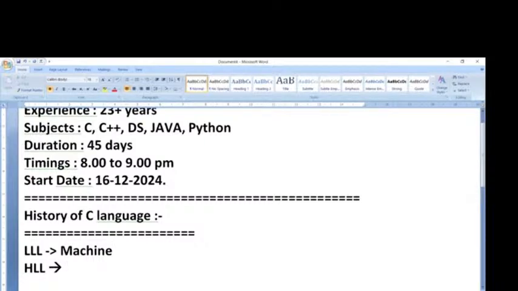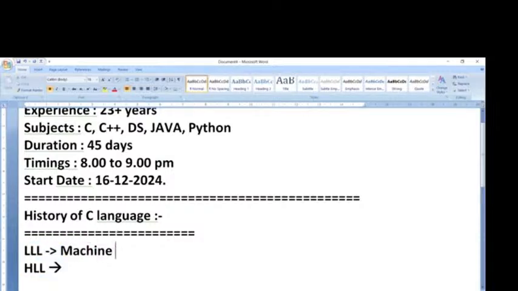High level languages are those that the machine cannot understand directly, but the user can understand very easily. So it is called high level language. In this, we can use some simple English words for writing programs. So these are very easy compared to low level languages.